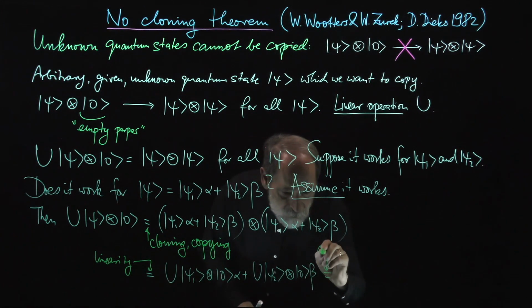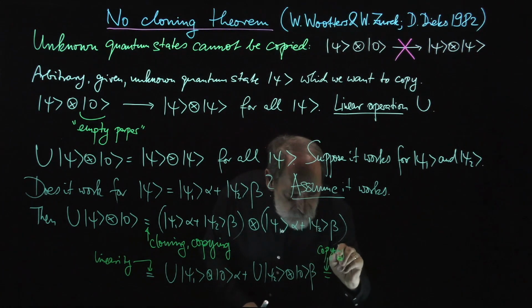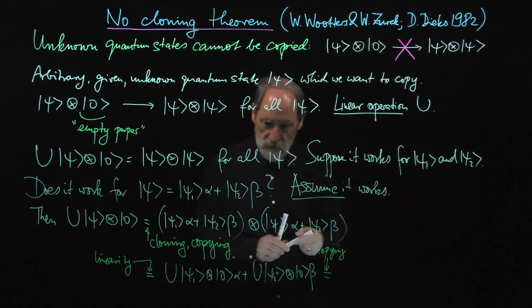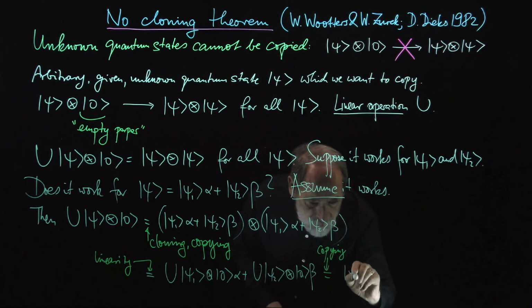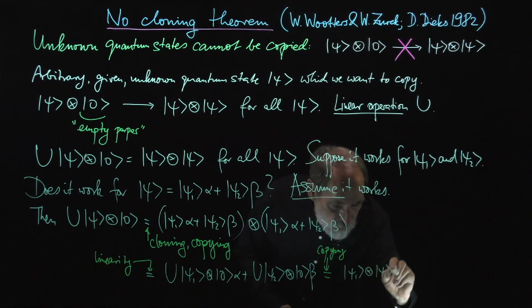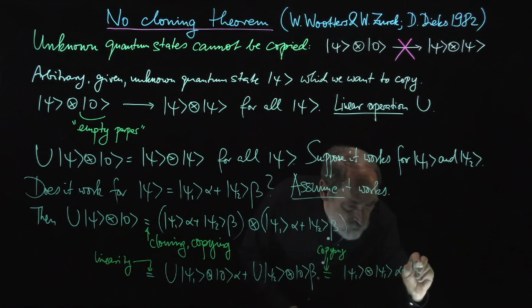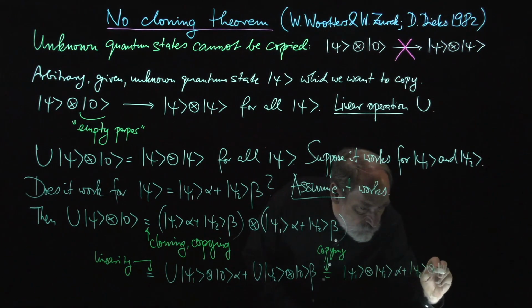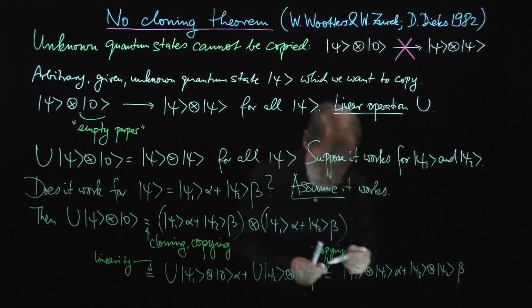So this is again about the copying. And what we get is psi 1 tensor psi 1 alpha plus psi 2 tensor psi 2 beta.